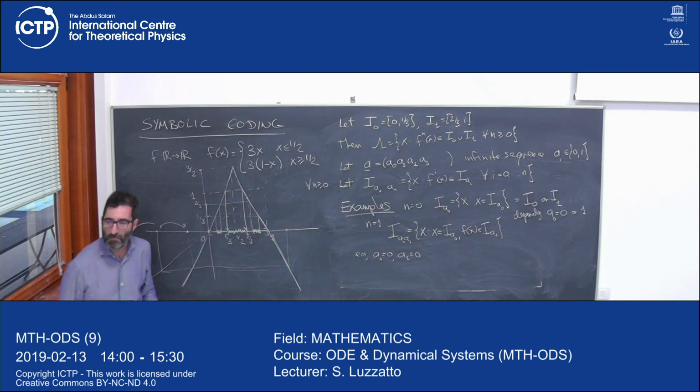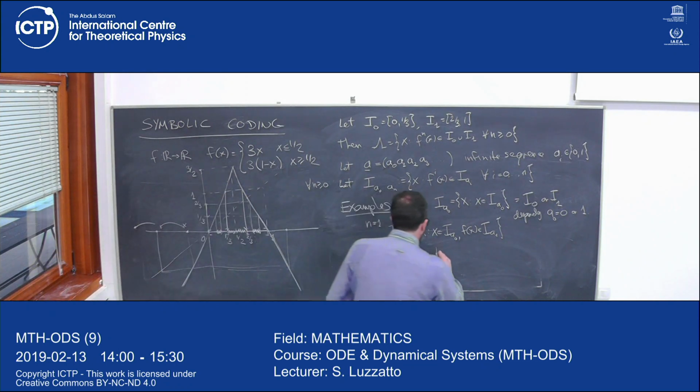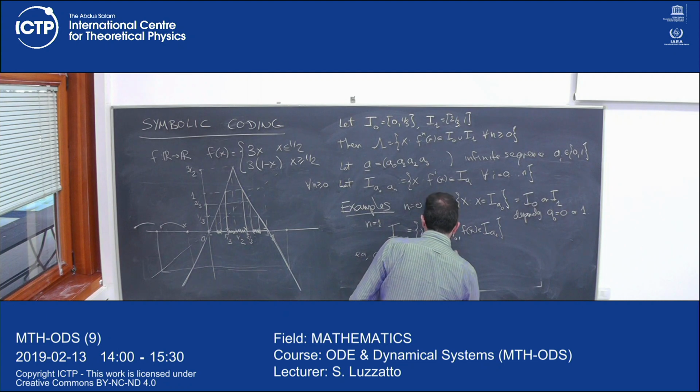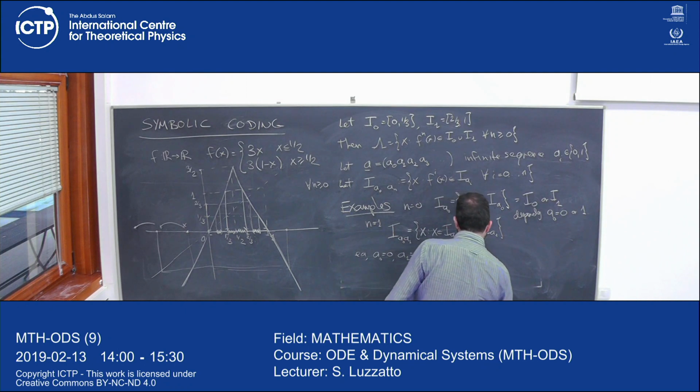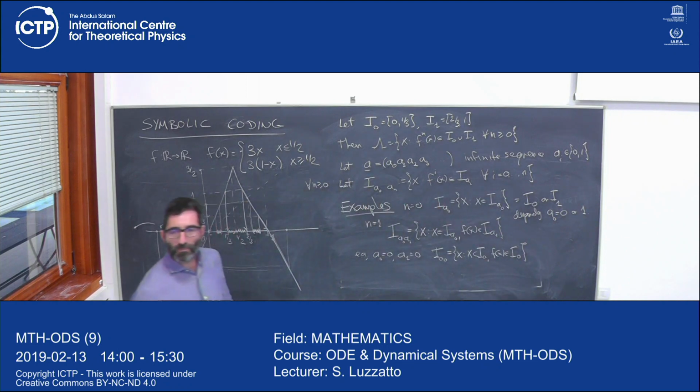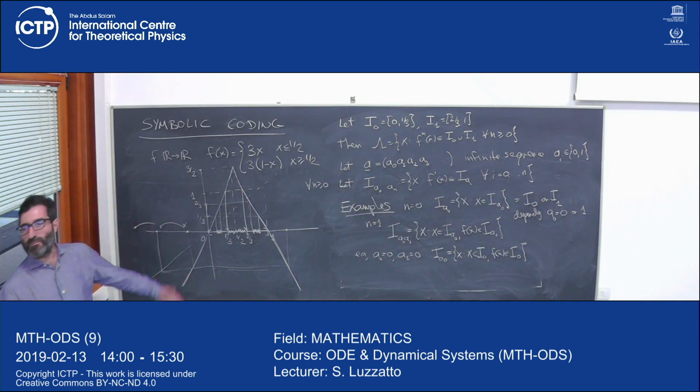Then I00 is the set of points x where x is in I0 and f of x is also in I0. What set of points is that?